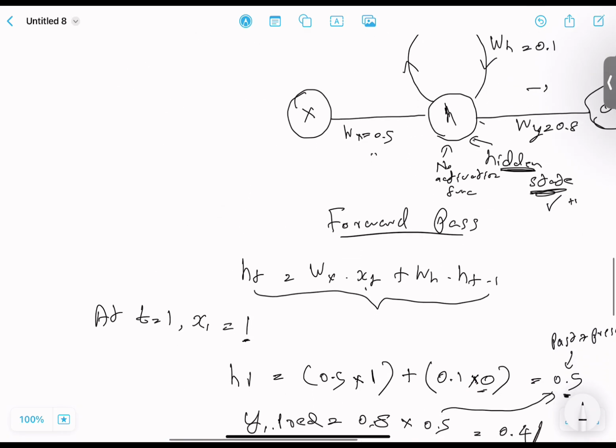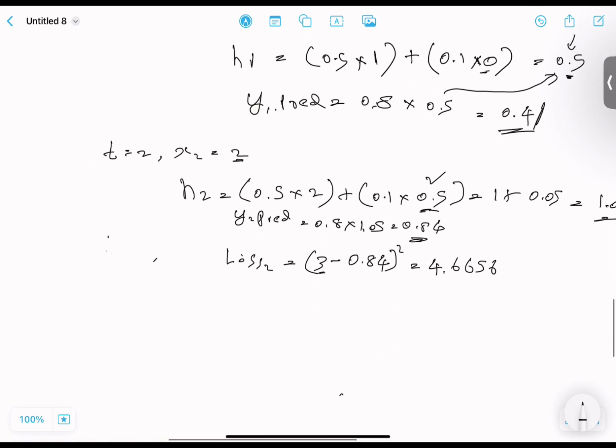Okay, this is that 3. So this tells our loss is 4.6656. If we do not take the square, actually as I remember, this is called error, right?